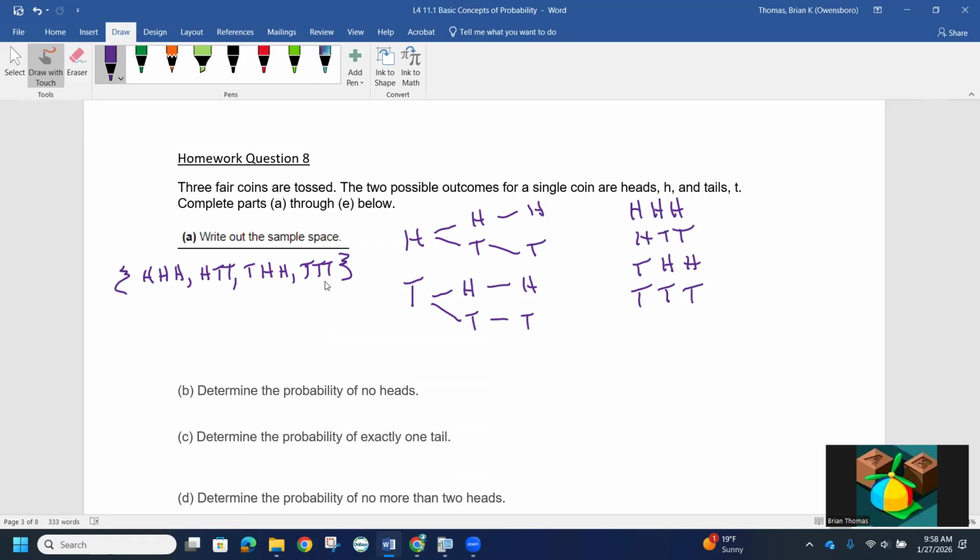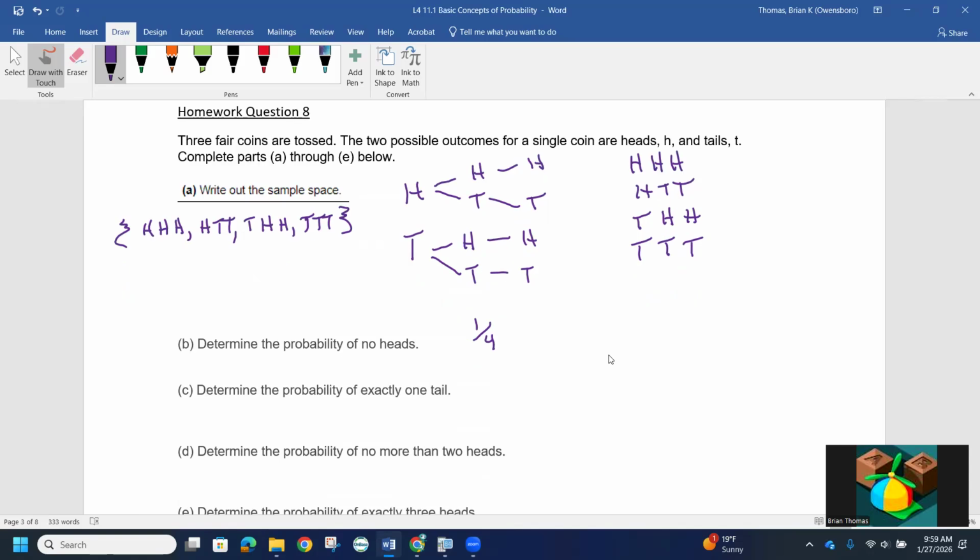The question says, determine the probability of no heads. If there's no heads, that means we're talking about tail, tail, tail. So there's only one favorable outcome out of four outcomes. So the probability of no heads would be a 1 out of 4 chance if I write that as a fraction. Determine the probability of exactly one tail.